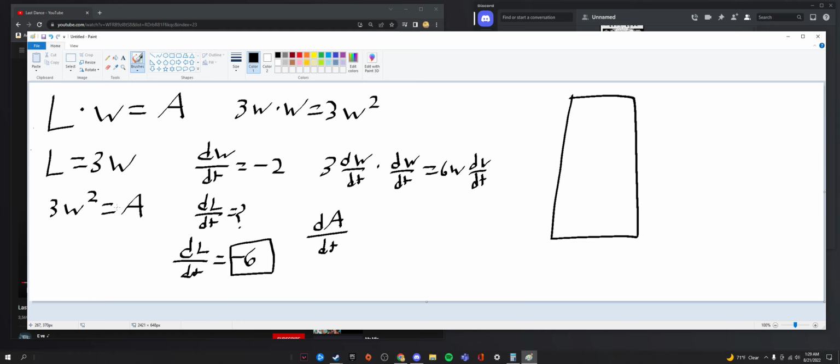We know dw on dt, and we can differentiate that to get 6w times dw on dt. Now, when the problem states that the shorter side is 6 inches, we can plug that into w, and we get L is equal to 18 inches.